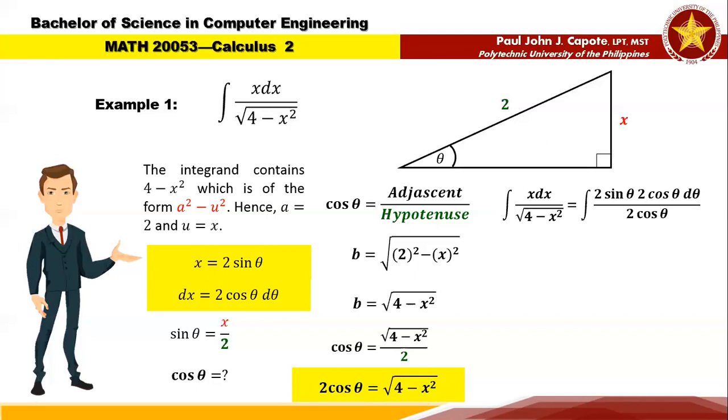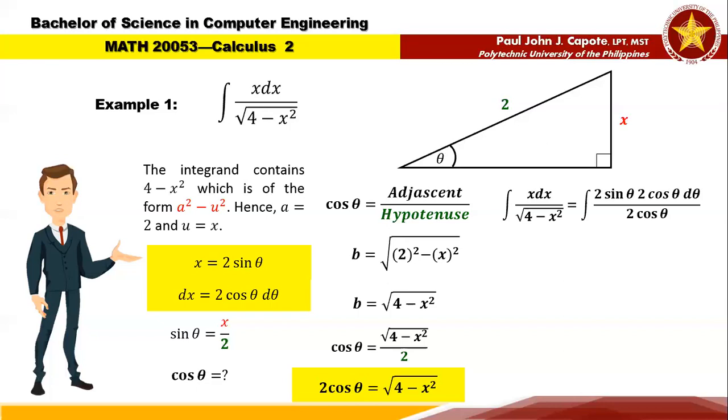Now, how did we use this highlighted information in evaluating the integral? We all know that the value of x is 2 sine theta, and so we substitute 2 sine theta for x. And we substitute 2 cosine theta d theta for dx.